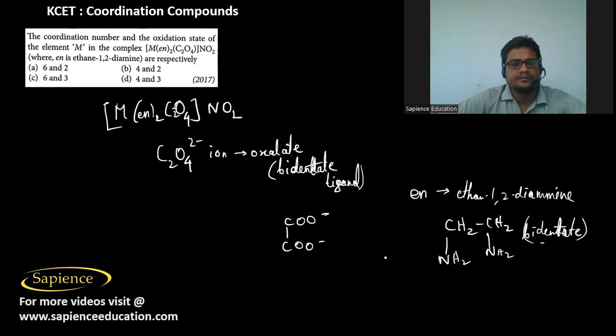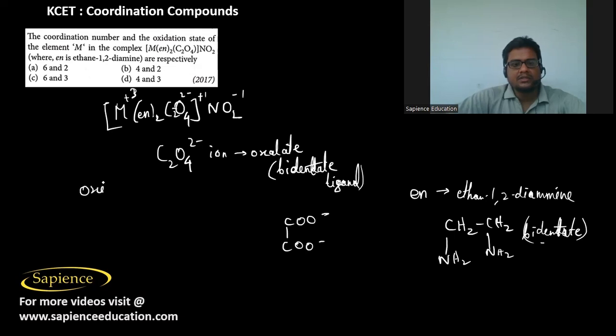So the oxidation state, now here the charge is 2 minus for oxalate ion, and for NO2 it is -1. So here the net charge of this complex is +1. So it means that the metal ion is in +3 oxidation state.